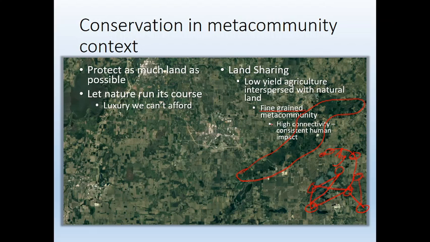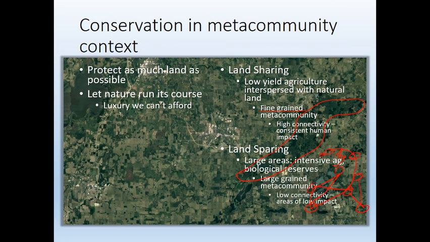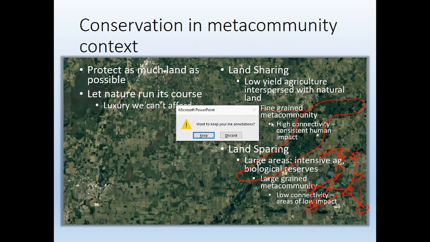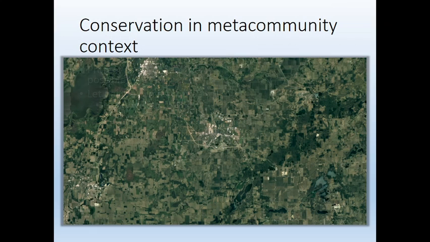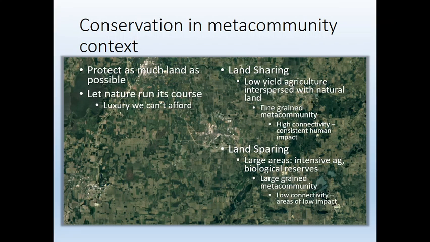And the opposite then is, oops, let me pull these off. Okay. The opposite then is a land sparing perspective, where you have large, big areas of intensive ag. So let's say, all of this can be cornfield, okay?